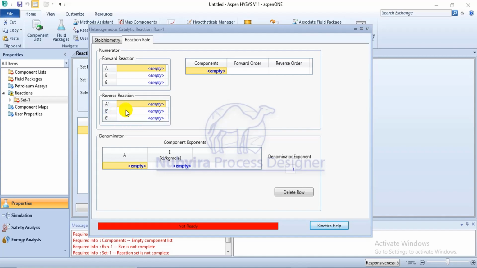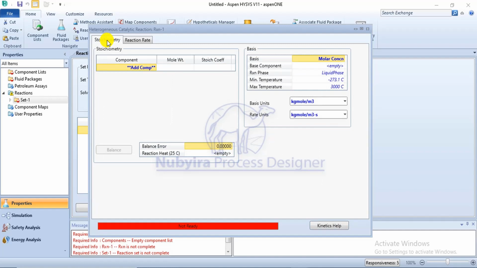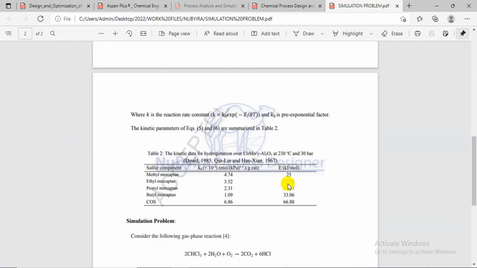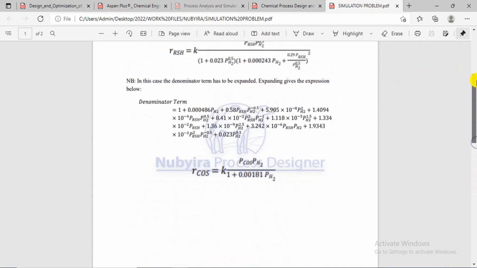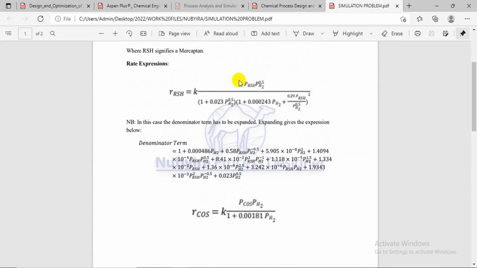Now going back to the stoichiometry aspect, we also have the basis units, right? The basis units. Now let's go back to that equation. Now in that equation, the rate expression, we have K multiplied by PRSH times P 0.5 H2, right?